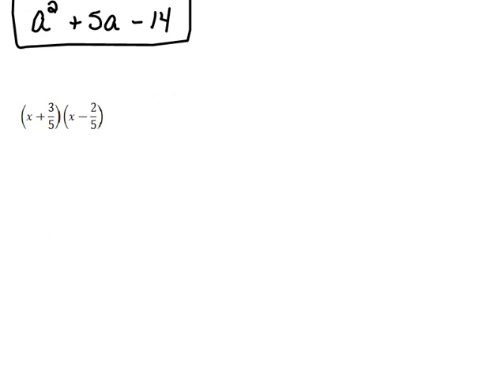Alright, let's try to do the next one also before we run out of time here, because this is the same exact concept, a binomial times a binomial. So I'm going to start out by distributing the x. So we'll have x times x is x squared, and x times negative 2/5 would be negative 2/5 x.